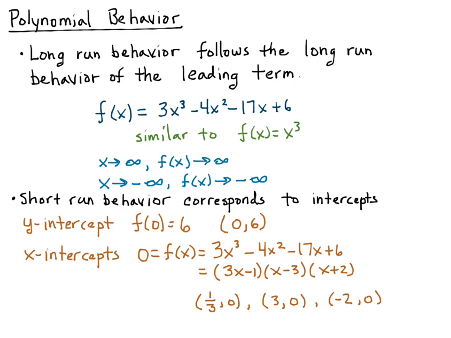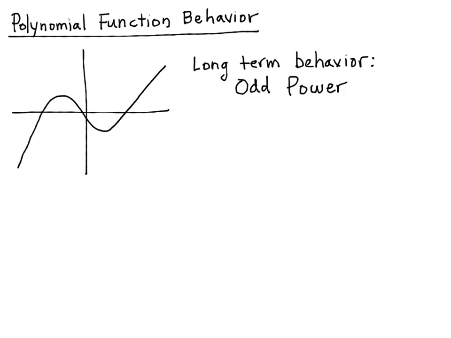As x goes to infinity, f of x goes to infinity. So it goes from the lower left to the upper right. Okay, so it behaves like an odd power.